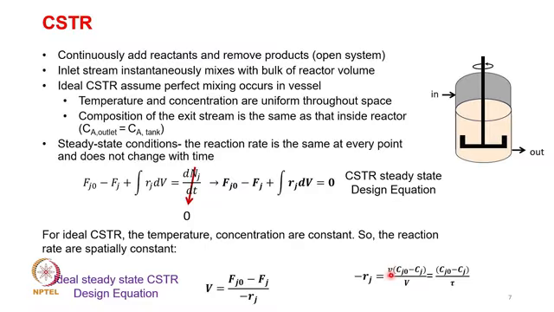So you can write Cj naught minus Cj, and V divided by the volumetric flow rate, where V is the volume of the reactor, we replace by a term called the space time or residence time tau of the reactor.